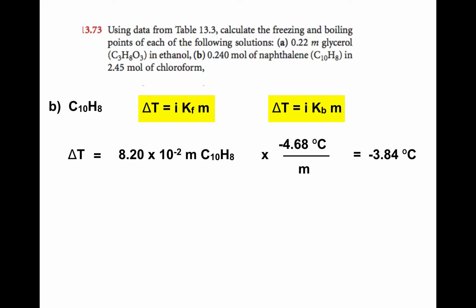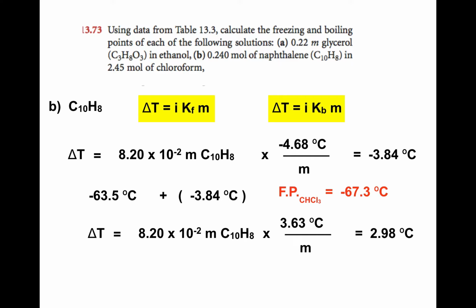So multiply the molality by the Kf value, which tells you how much the freezing point is depressed, and subtract that from the normal freezing point to get the adjusted freezing point. Same with the boiling point: multiply the molality by the boiling point constant, and add the delta T to the normal boiling point to get the higher boiling point, right? The boiling point elevated.